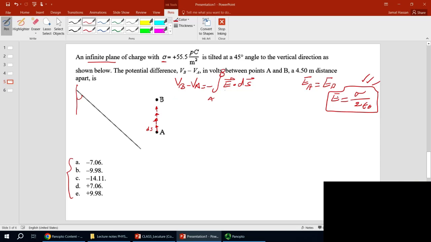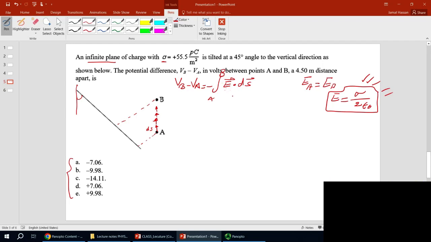So it turns out that the electric field actually does not depend on distance, even though point A is closer to the plane and point B is further, right? But because the plane is infinitely large, the electric field at point B and electric field at point A is simply equal in value, and is given by this equation.